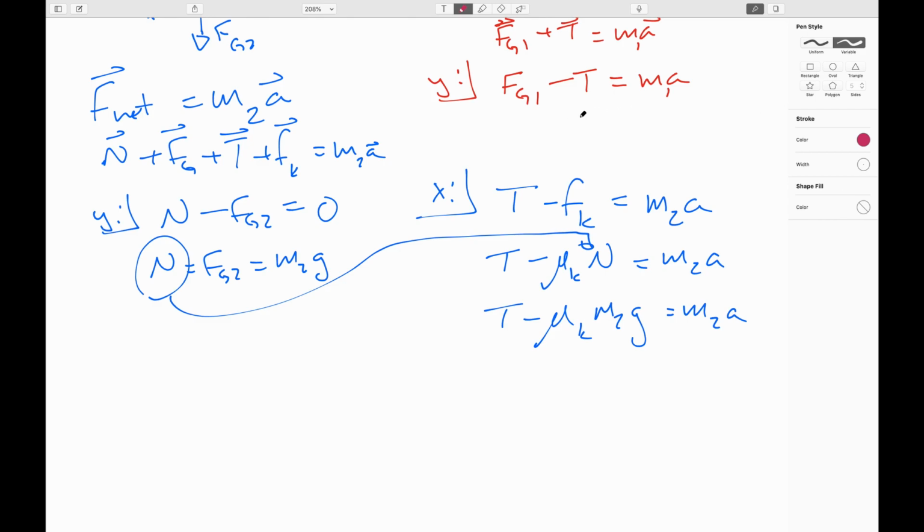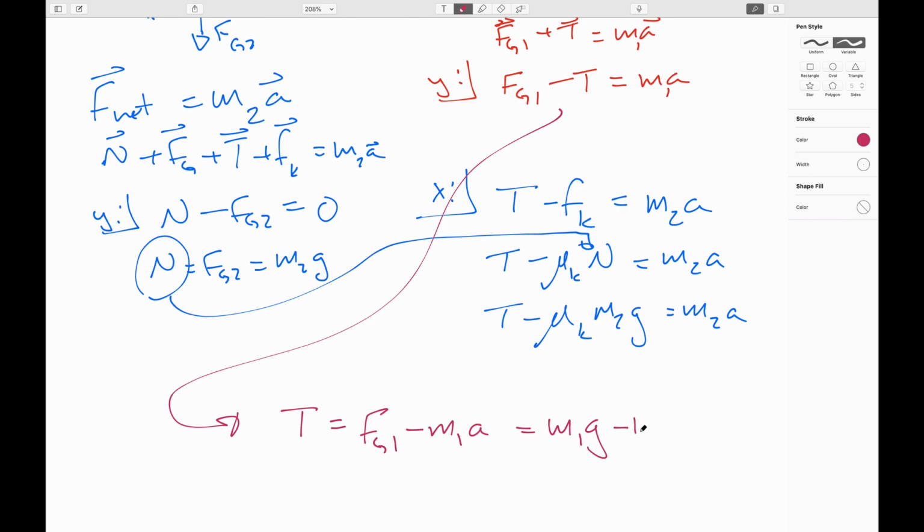So taking this one here, this is going to give me the tension is equal to Fg1 minus M1A. So it's M1G minus M1A. Okie doke. So let's pull on M1.